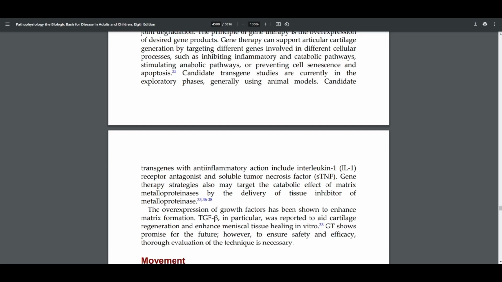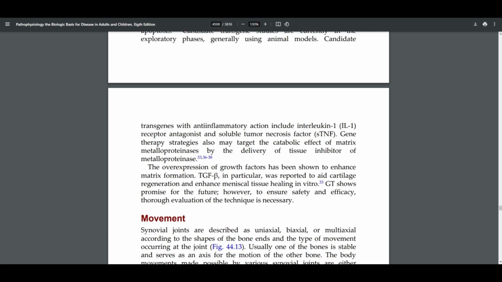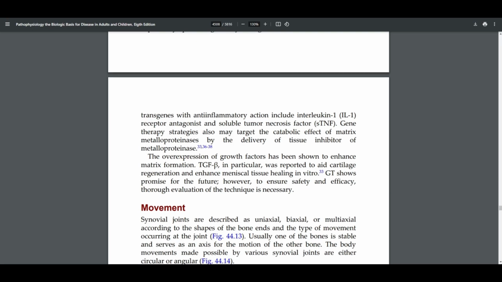Candidate transgenes with anti-inflammatory action include interleukin-1 receptor antagonists and soluble tumor necrosis factor. Gene therapy strategies also may target the catabolic effects of matrix metalloproteinases by the delivery of tissue inhibitor of metalloproteinases.